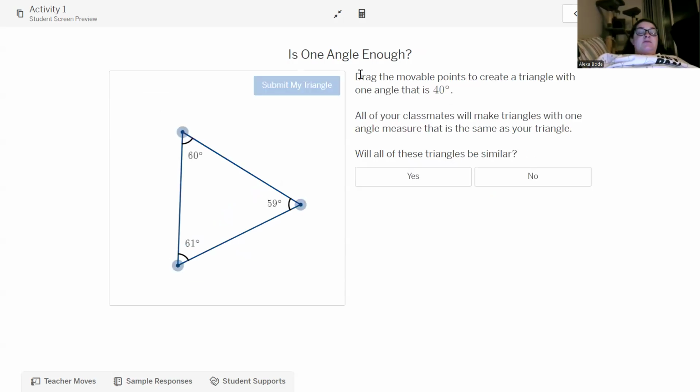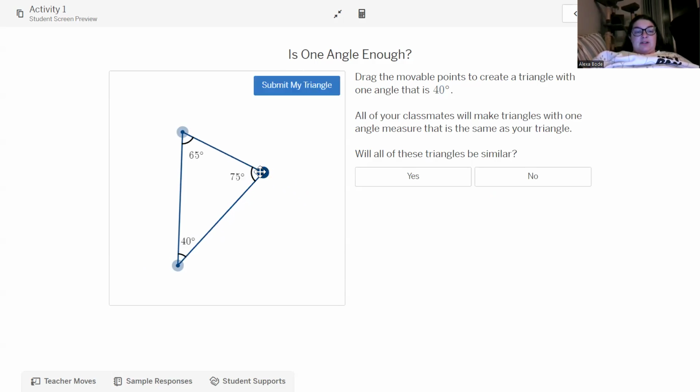So this one says to move the points so that one angle is 40 degrees. It only cares that you make sure one angle is 40 degrees. Again, yours is going to look different than mine. You can make it however you want. Just make sure that one of the angles is a 40-degree angle.